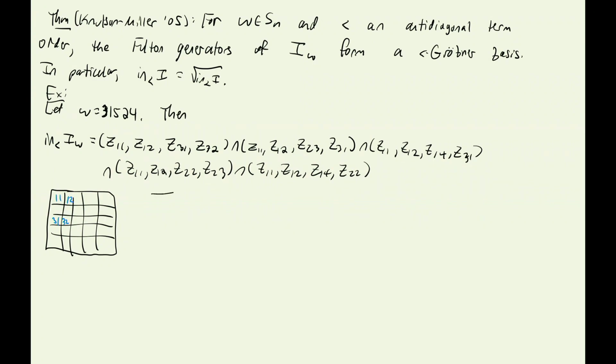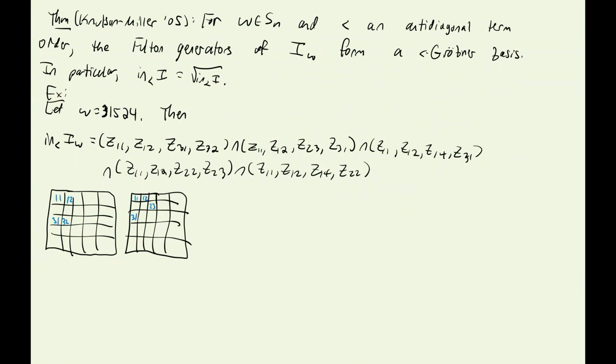Maybe I'll do one more: 1, 1, 1, 2, 2, 3, and 3, 1. So this 3, 2 kind of moved within this little box up along its diagonal.